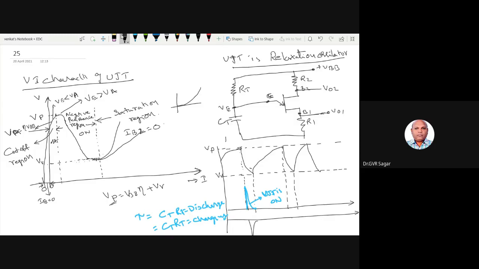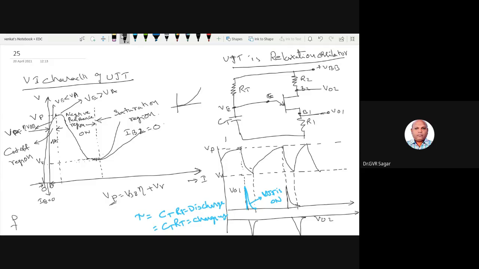This is V02, right? This is V02. This is V01. So this is a simple example of a UJT relaxation oscillator.